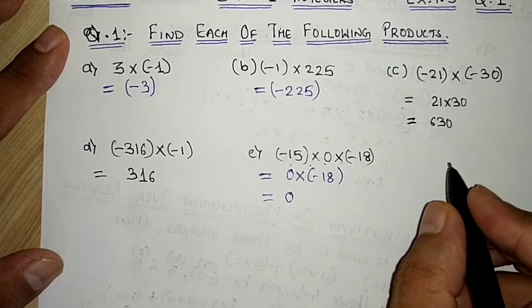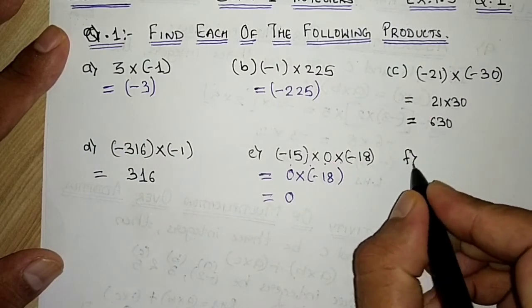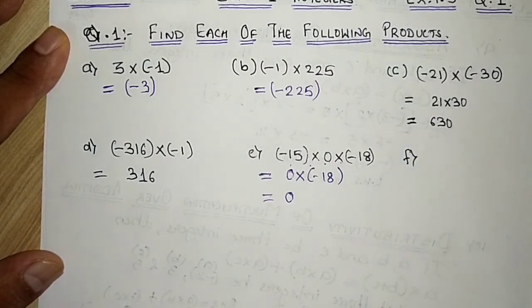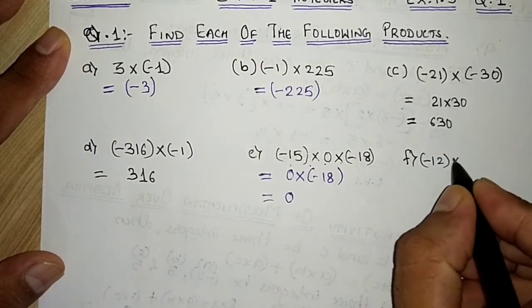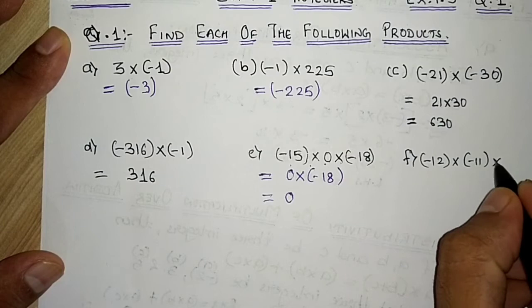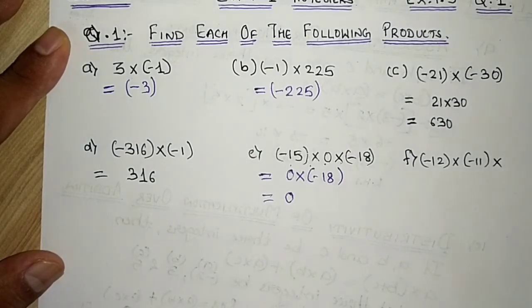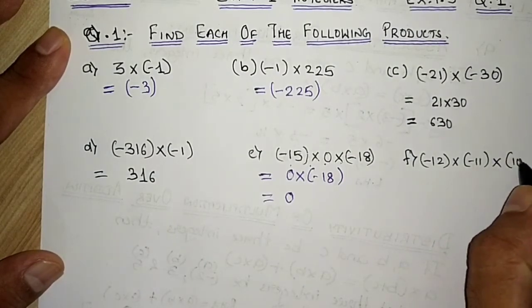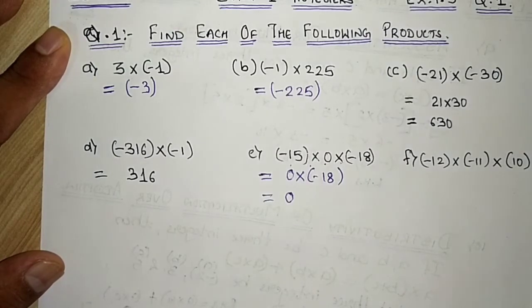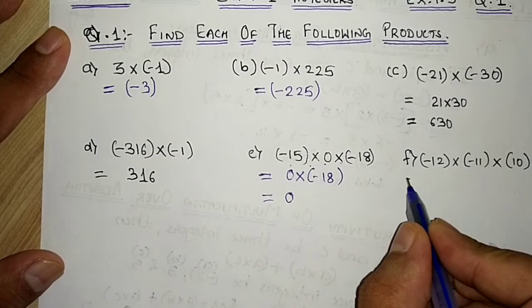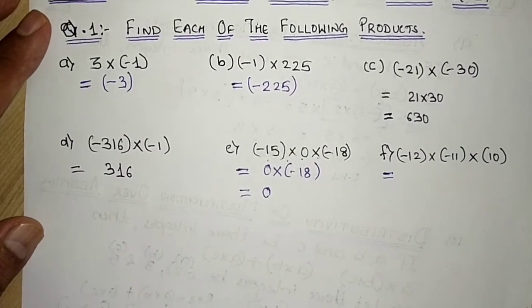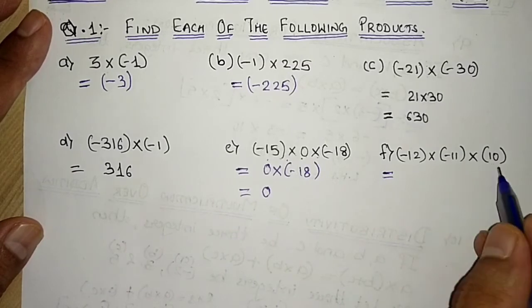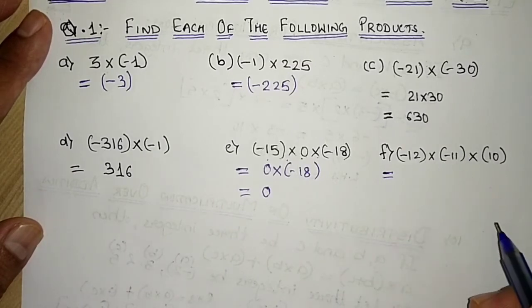Now F part, question number F, minus 12 into minus 11 into 10. Students, you know the associative property, in which you can group any two numbers and then multiply the third number.